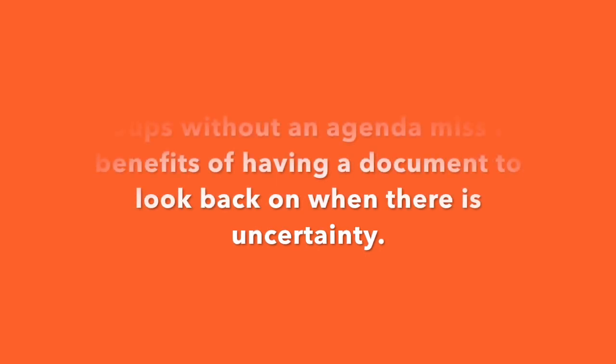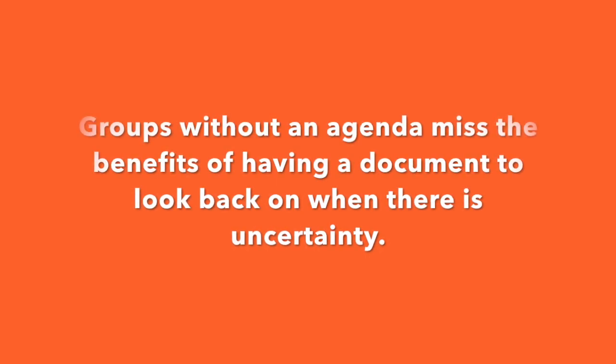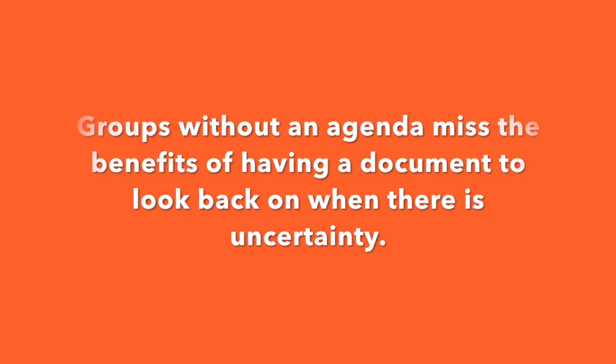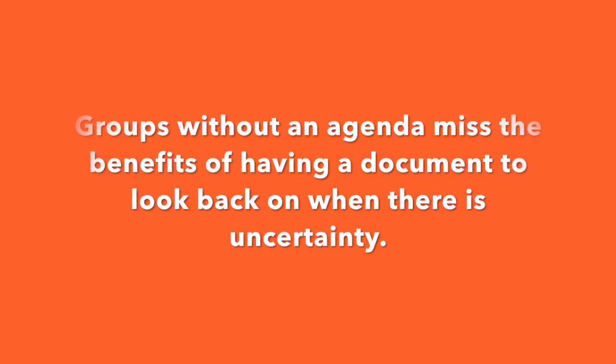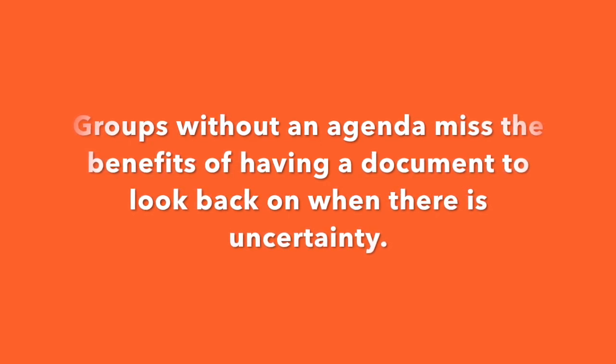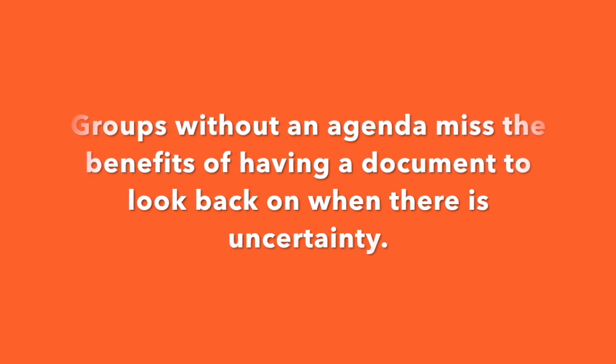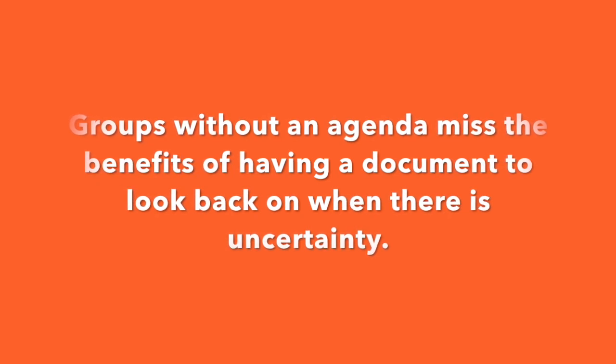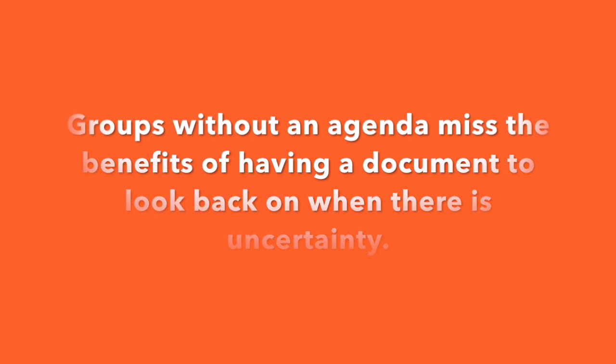Groups who do not use agendas can get off task and not know when their meeting times will be because they do not have a reference that has meeting times. Without having clear and defined roles, it can be tough to truly spread the work equally amongst group members.